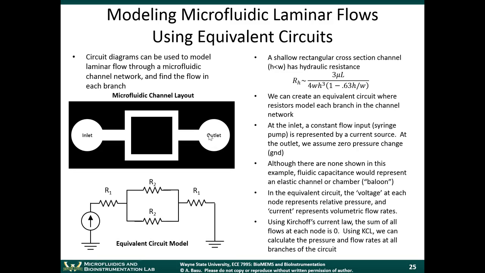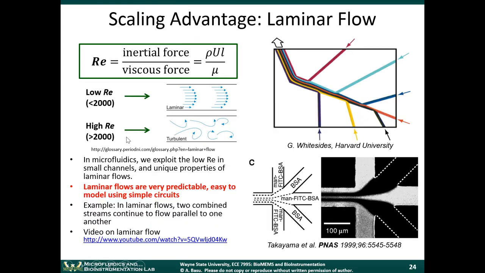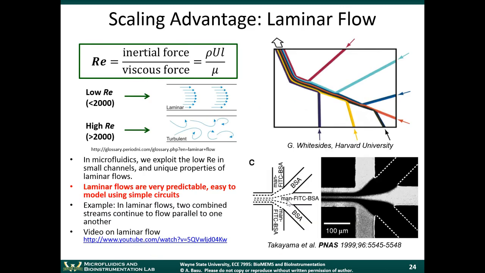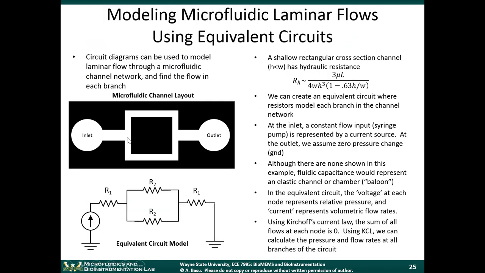So how do we model the flow through this channel network? Each one of these channels, as you recall from the previous slide, can be thought of as a resistor. Just like we have V equals IR, in the fluidic domain we have delta P equals Q times R_H, the hydraulic resistance. So each one of these channels can be considered a resistor.